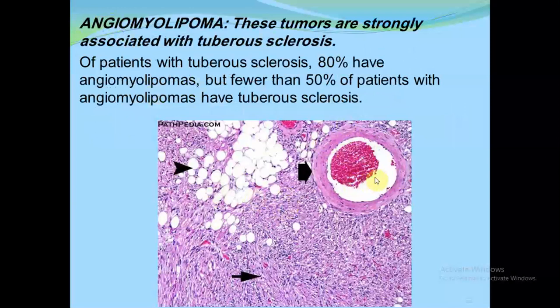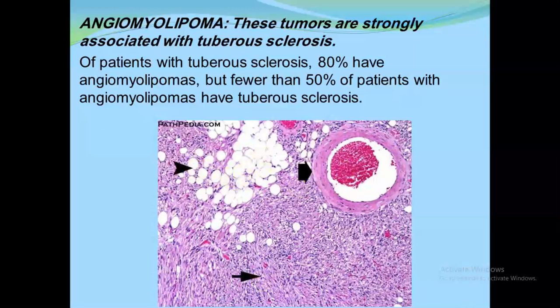Myo means smooth muscle spindle cells proliferation. Lipoma means adipose tissue; here we have adipose tissue. So angiomyolipoma is a benign tumor of the kidney with a strong association with tuberous sclerosis. Of patients with tuberous sclerosis, 80% develop angiomyolipoma.